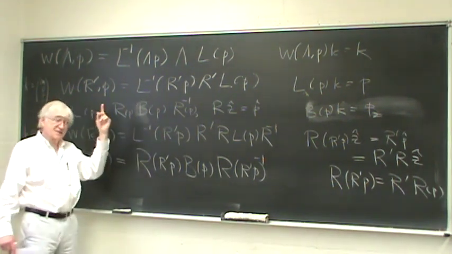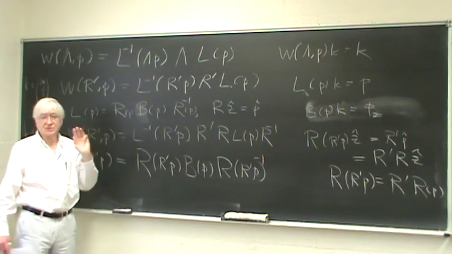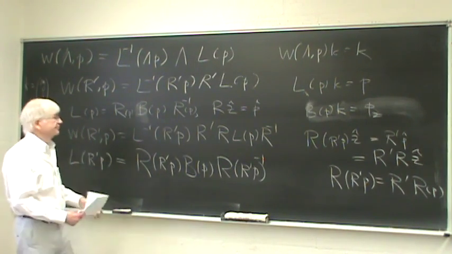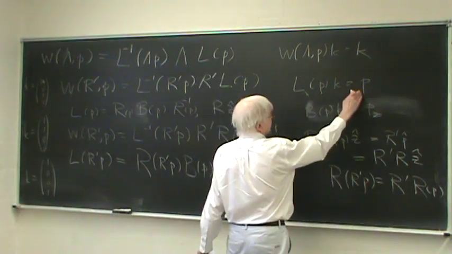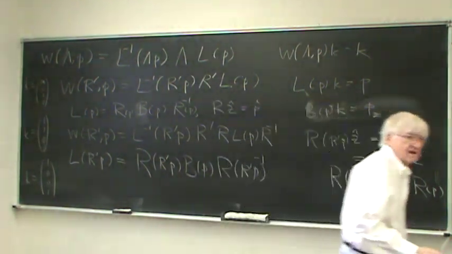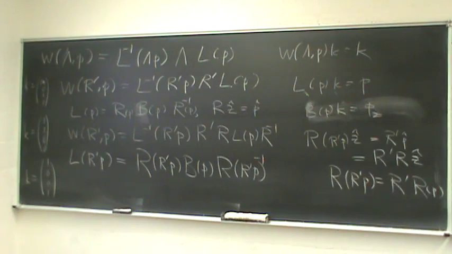Then it rotates P from the Z direction into the P direction. So finally, L of P on K is P. Professor, about the B of P on K giving us PZ, I'm very confused about this part. Can you write it in the form of a matrix?